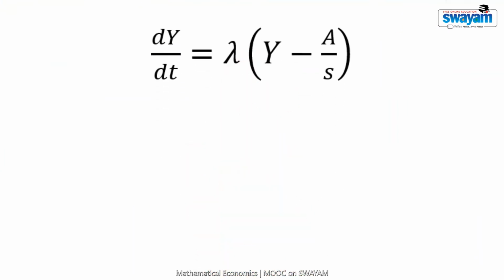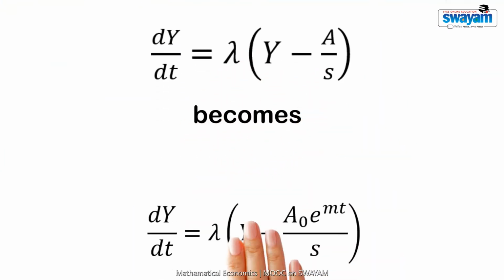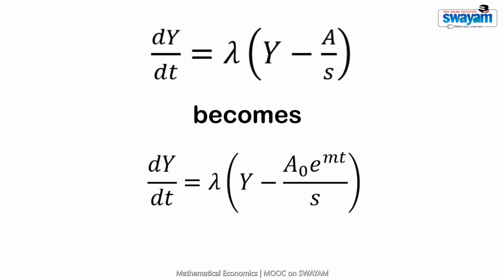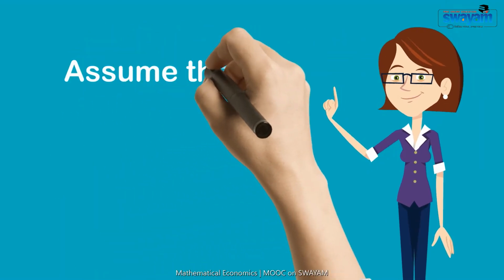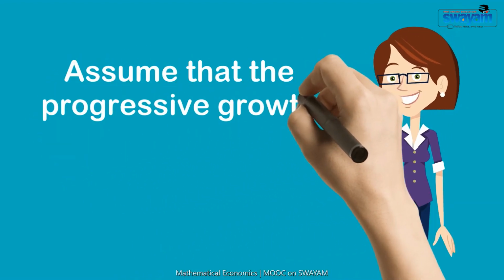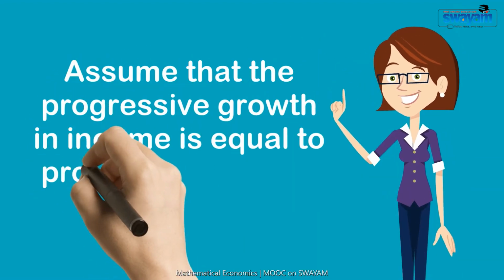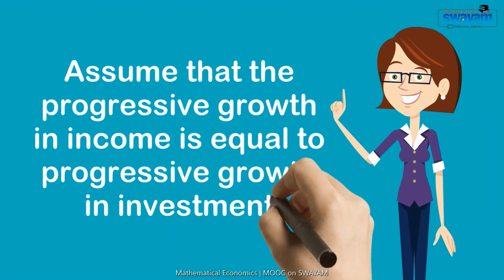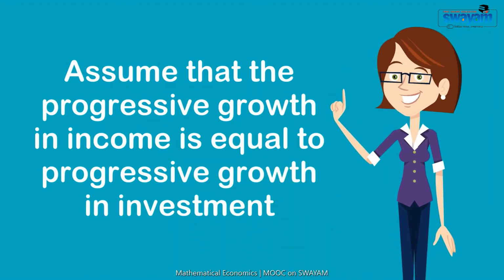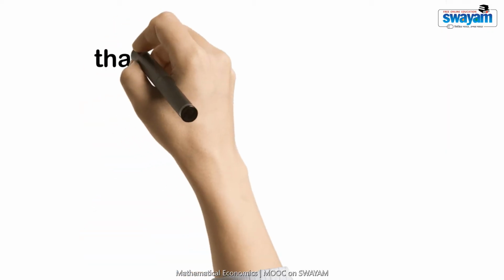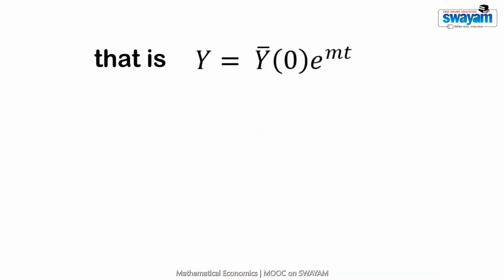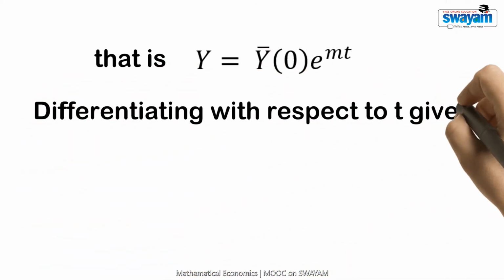When the autonomous investment is progressive, we have this equation. For simplicity, let us assume that the progressive growth in income is equal to progressive growth in investment. Then differentiating this equation with respect to time gives this result.